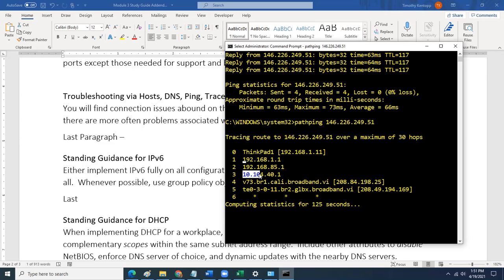Here's a very bad indication. Normally, after a point, when you're off of your local area network, everything else should be public. If you have something that's private in the mix, it means that a private internal address is exposed along the way between systems.